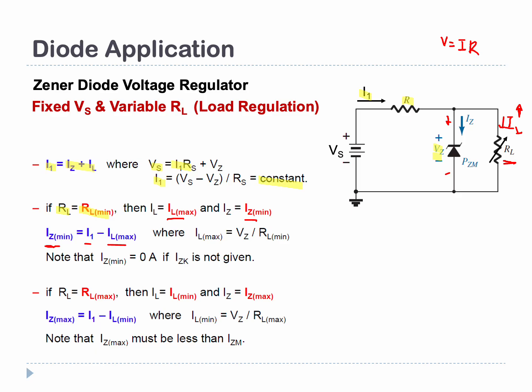So for you to calculate your IZ min, you need I1, which is the constant value, to be minus the IL max, so you will get your IZ min. And for you to get your IZ max, it will be I1 minus the IL min. And how do you get your IL min? IL min is when your RL is at a maximum value.